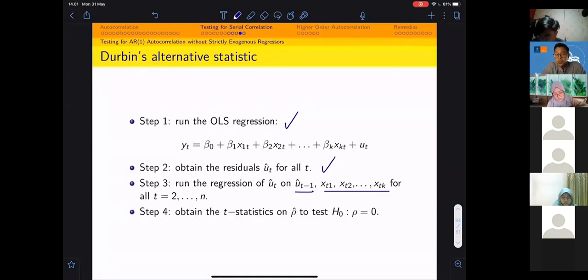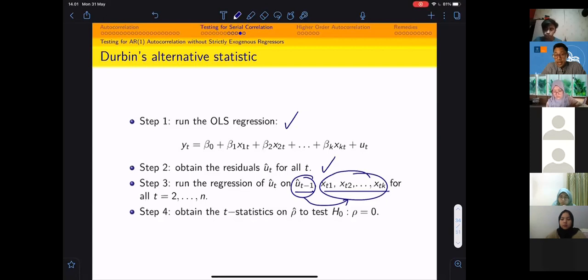You want to include the explanatory variable just to accommodate the fact that the u_t-1, or the lag of the residual, could be correlated with some explanatory variables in the model. If that's the case, then controlling for the explanatory variable is going to get rid of the potential bias.